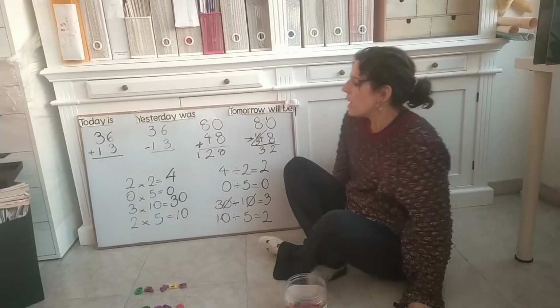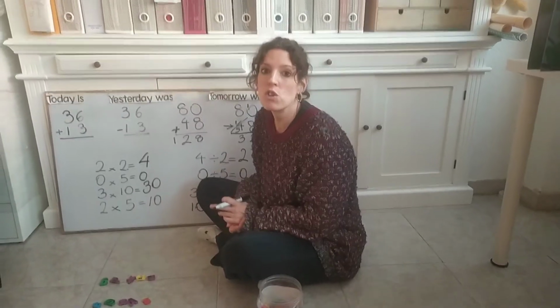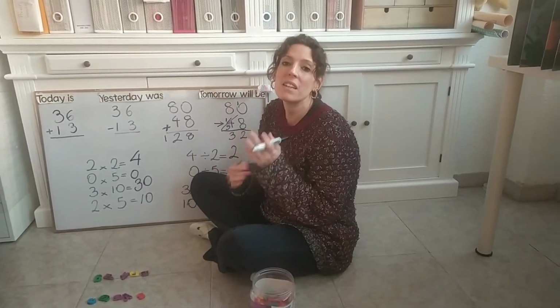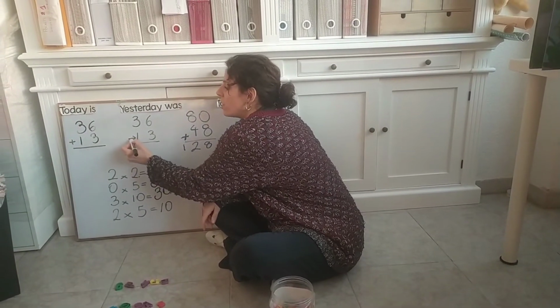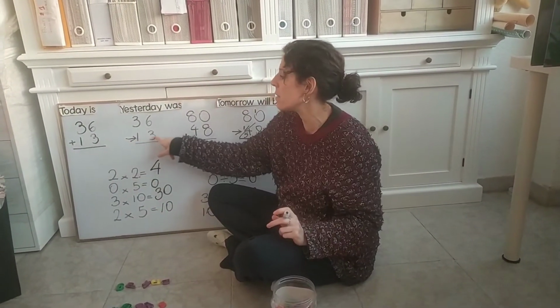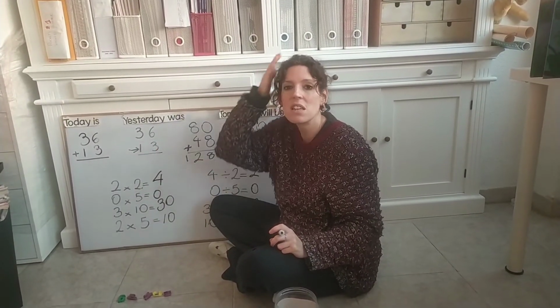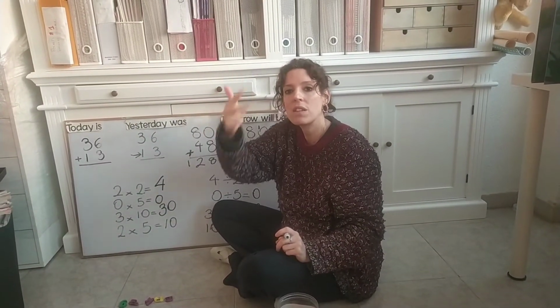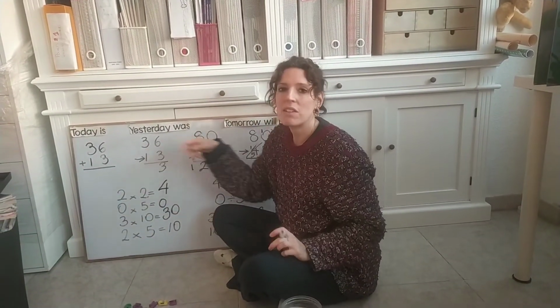And the last 2 easy ones, which you can all now do in your sleep. If you do have any difficulties, please tell me. Again, I put my arrow so that I remember these numbers go into my head. I put 3 in my head and I count up to 6. 3, 4, 5, 6. The answer is 3. 1 in my head and I count up to 3. 1, 2, 3.